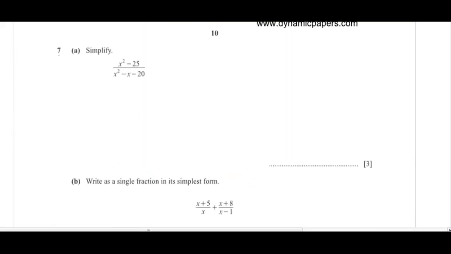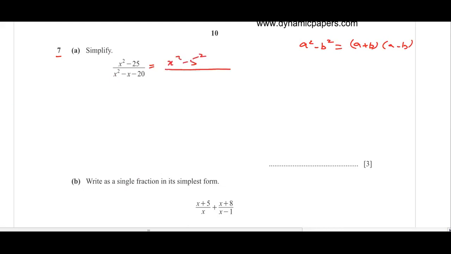Okay, next, here is question number 7. Simplify. For the simplification of any algebraic fraction, we need to factorize the denominator and the numerator. The numerator is of the form a square minus b square, which we can write as a plus b into a minus b. So I can write it as x square minus 5 square.